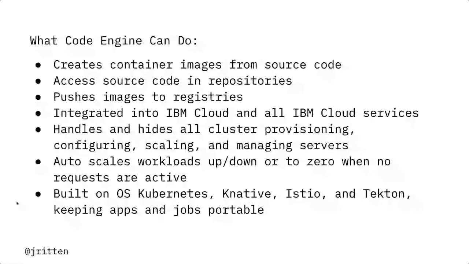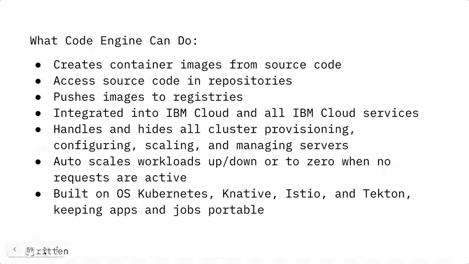And it's built on OpenShift Kubernetes, Knative, like we looked at, Istio, and Tekton. So you can look at that in that architecture image that I put there. And most important, it keeps your apps and jobs very lightweight and portable.